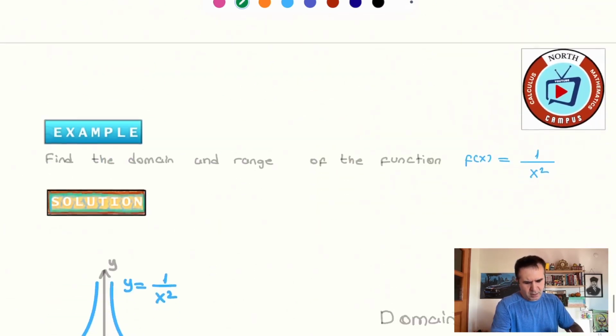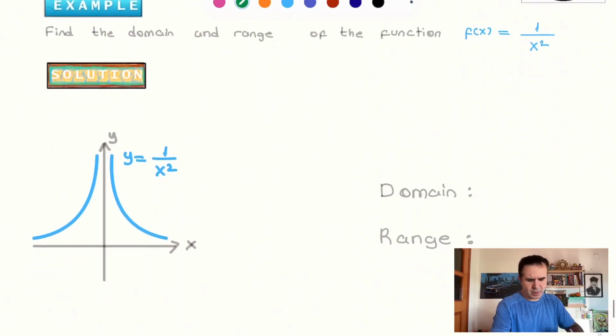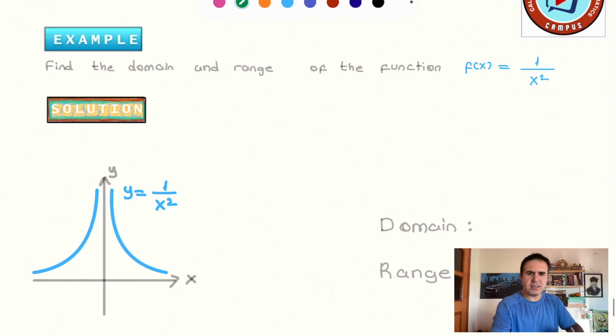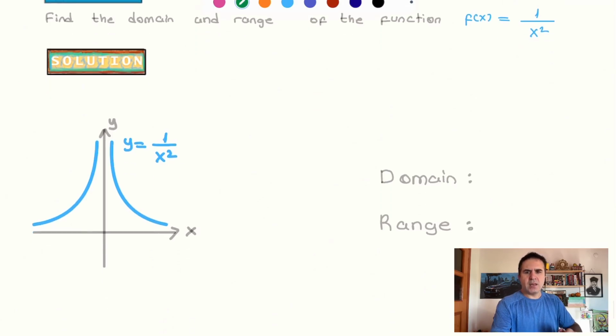And the next question, find the domain and range of the function f of x equals 1 over x squared. Again, the domain is all values of x for which the function is defined.